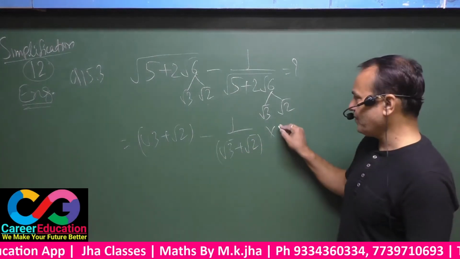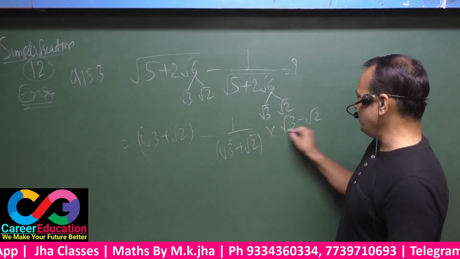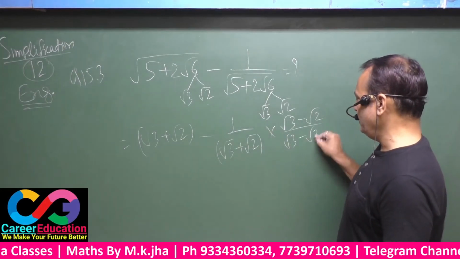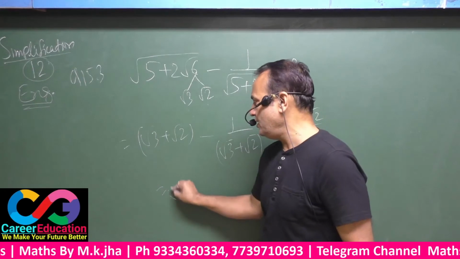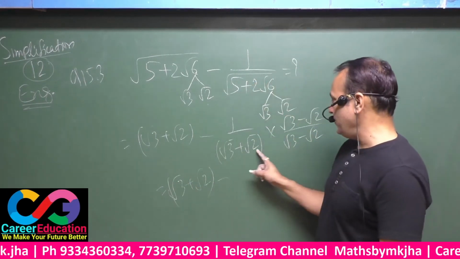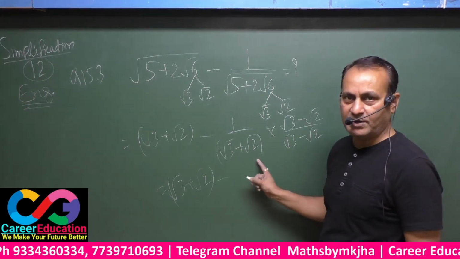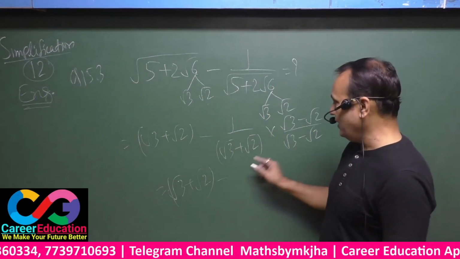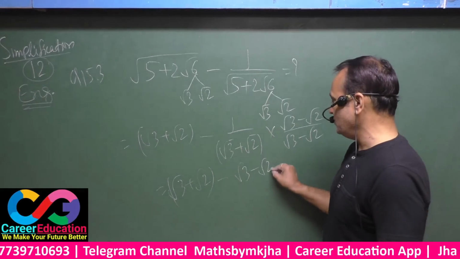Rationalization is needed here. The numbers will be the same, but the sign will be reversed. That means this is root 3 plus root 2, and this is a plus b into a minus b, which is a square minus b square: 3 minus 2, that is 1 below, and above root 3 minus root 2.